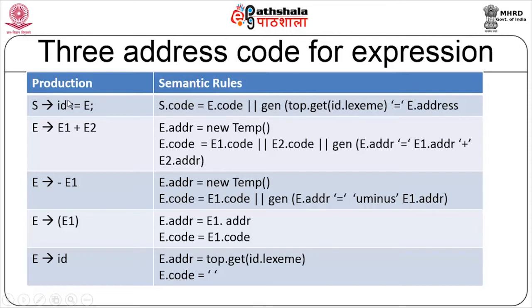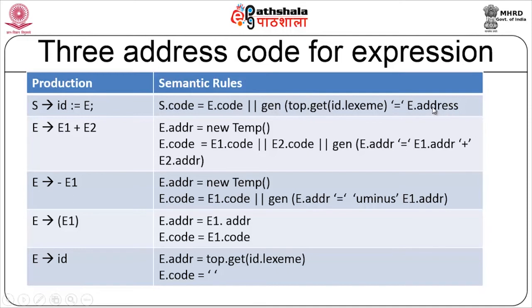So what will I do is, S dot code, that is the LHS non-terminal, will have a code, and that code is nothing but you first generate E dot code followed by gen, which indicates generate. Generate top dot get id dot lexeme, that is this is id, so that you get it as it is, and that is equal to, when I put it in quotes, it means it is a literally used value, that is equal to E dot address.